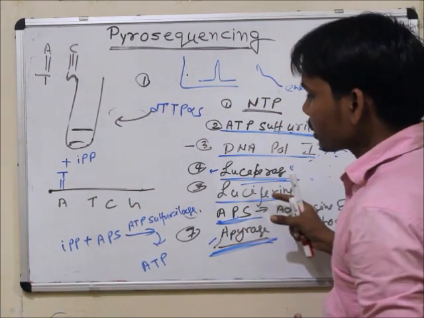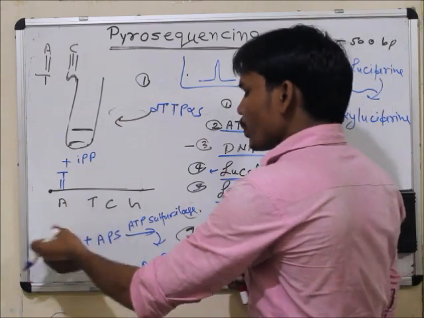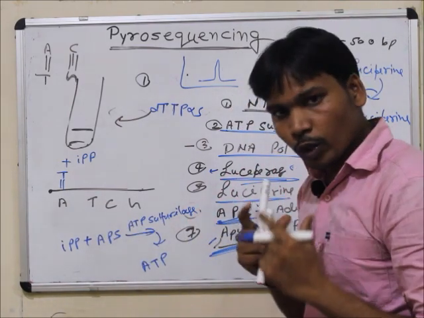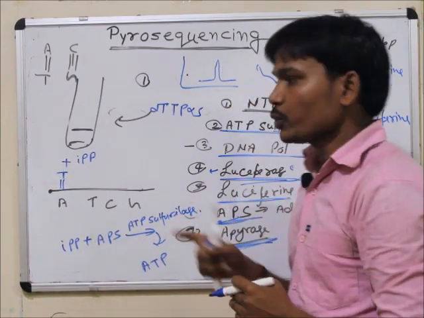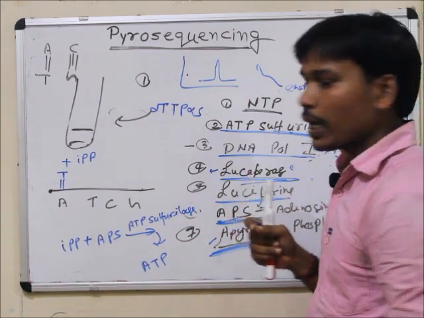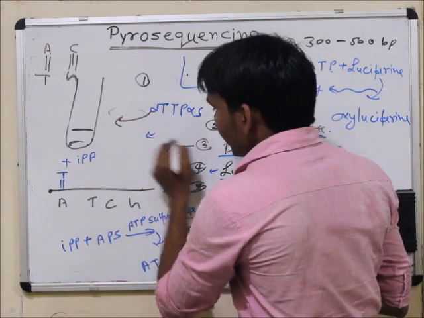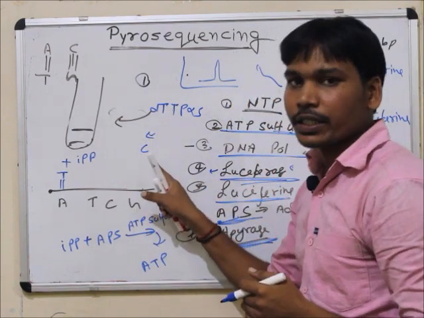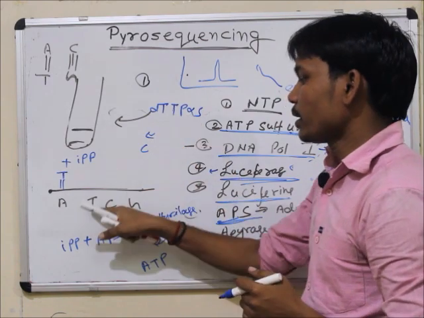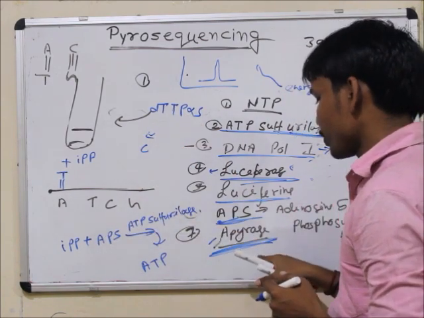Overall the reaction is completed, and all 4 bases are added. Where there is matching, it is detected. Again, first we add cytidine triphosphate, that is deoxycytidine triphosphate, which is not much degraded by the apyrase.